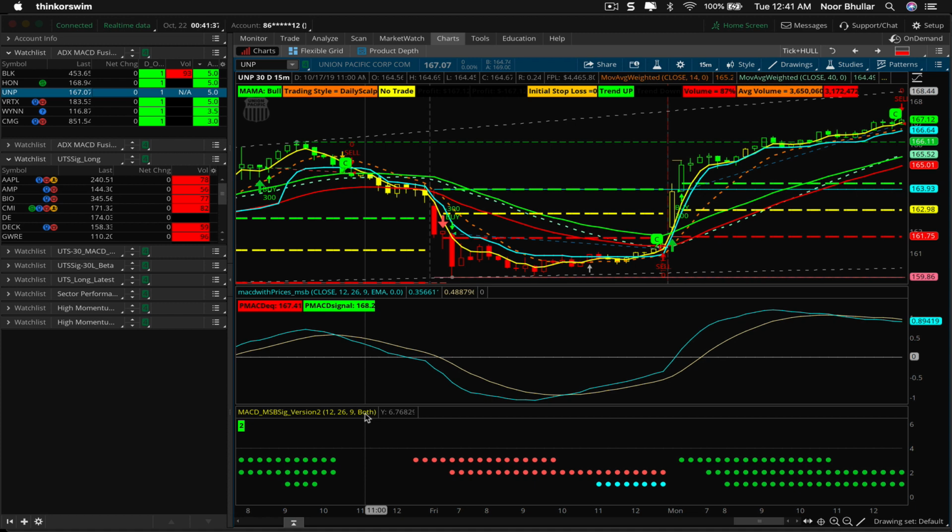Now, if you're a little bit more conservative, you can use the secondary mode where you're saying the MACD has to be above its average, but you don't care whether it's above the zero line or below the zero line. And finally, when you're using both, MACD has to be above zero and above its moving average for it to be green. Otherwise, you will not get a signal.